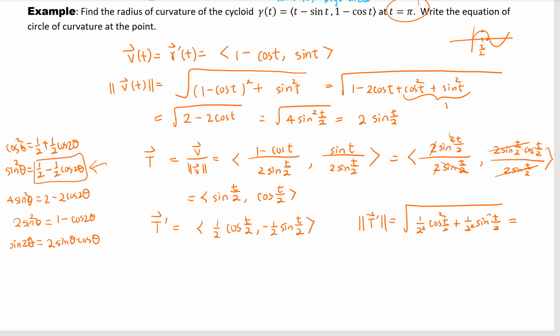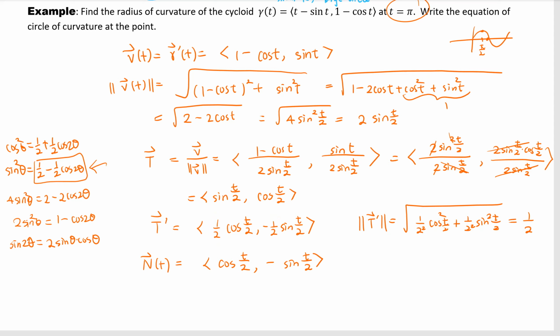Okay, so our N is T prime over the magnitude of it. Oh, you can see when we divide by 1/2, these guys are gone. Then we are only left with cosine t over 2 and negative sine t over 2. So much nicer quantity, right?